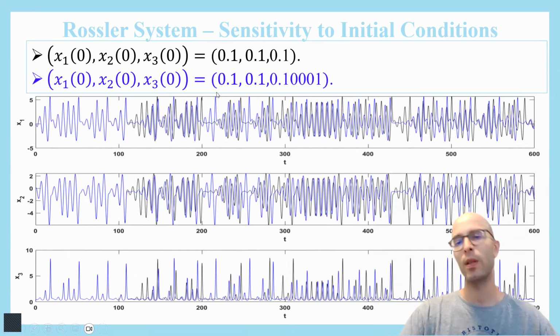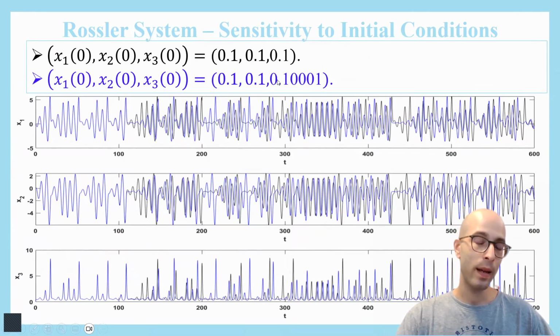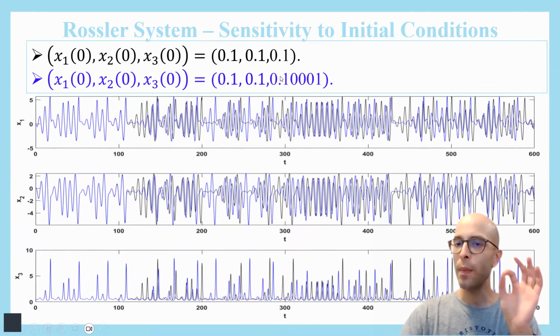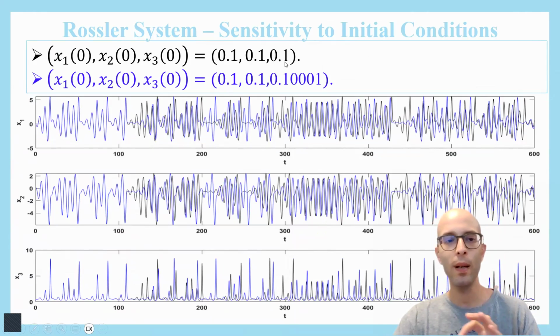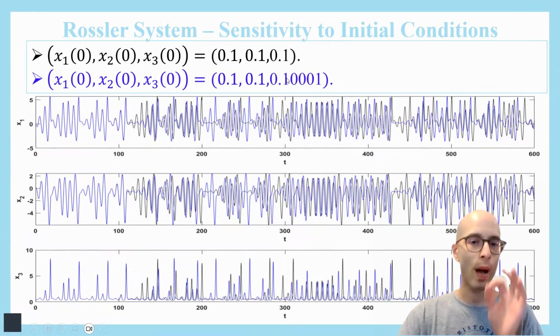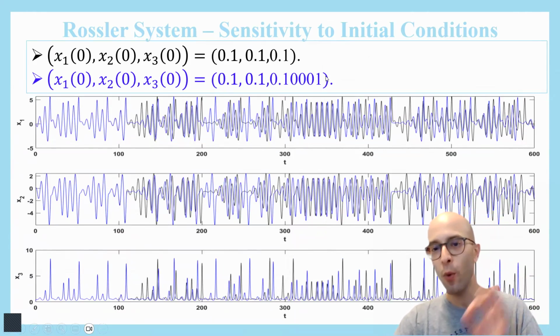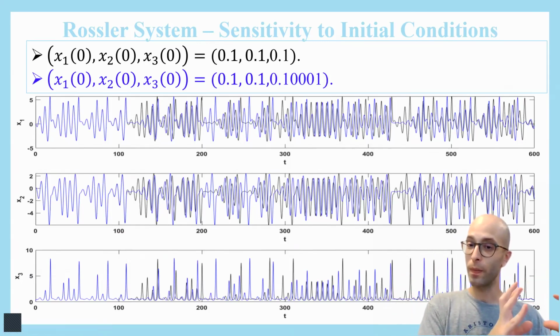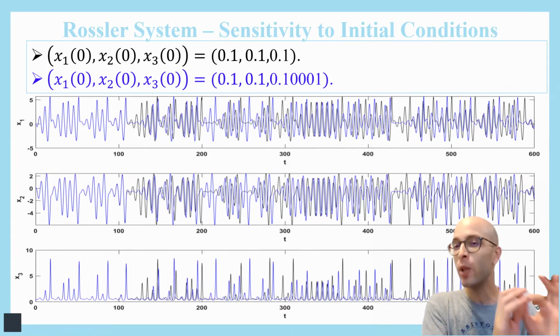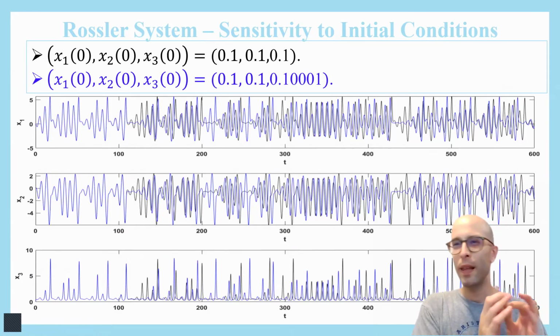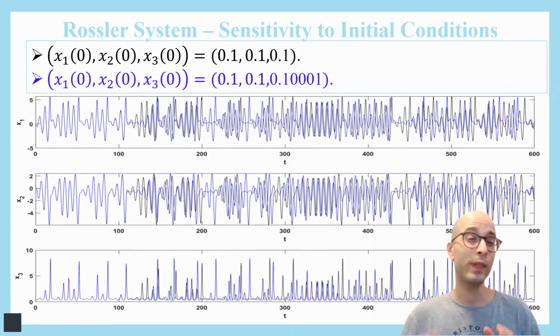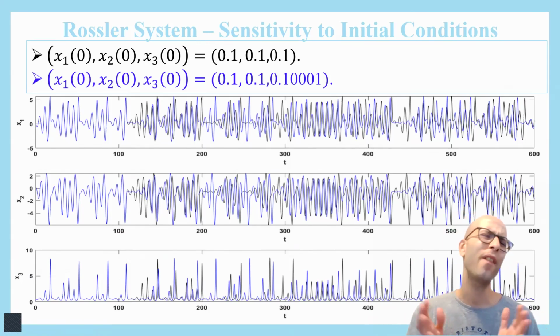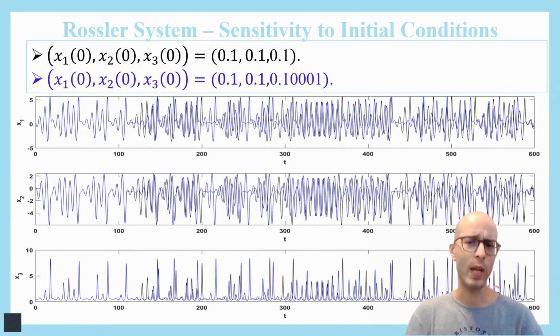You will see that the first state is the same, the second state is the same, and the third state is almost the same. The one is 0.1 and the other is 0.10001. So basically, we have two different solutions that start from almost identical initial conditions. They only differ to the extent of 10 to the minus fourth. So we have a very minuscule change.